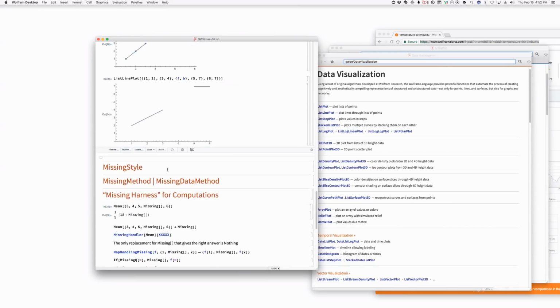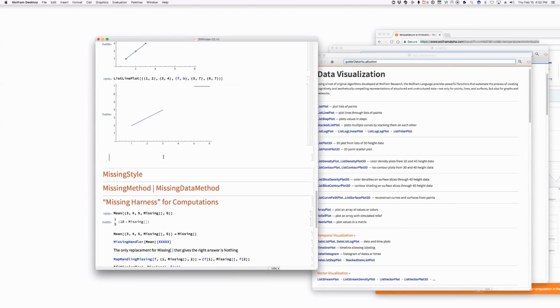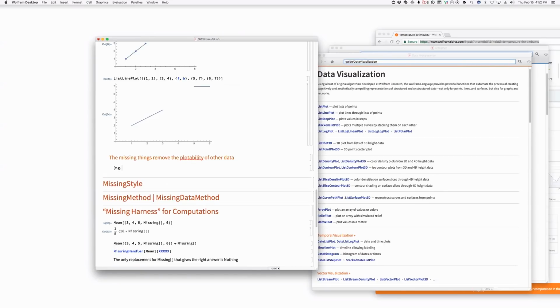The missing spot could be papered over, and the subcase of that is when the missing things remove the plottability of other points, of other data, e.g., an isolated point in ListLinePlot, right? Or conceivably ListPlot3D or whatever.